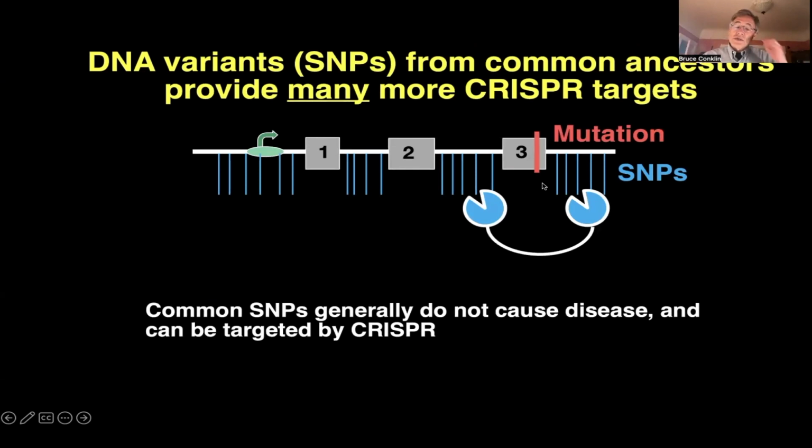And because these generally don't cause disease, people actually don't even pay much attention to them. But we found that we can actually actively target them and say, cut out this region in between by targeting these two SNPs with CRISPR, and very effectively inactivate the gene of interest, the disease allele, without the other one.